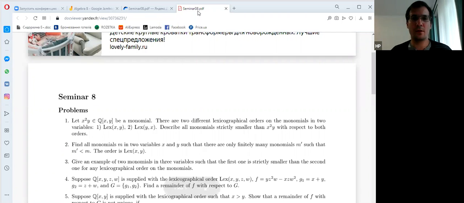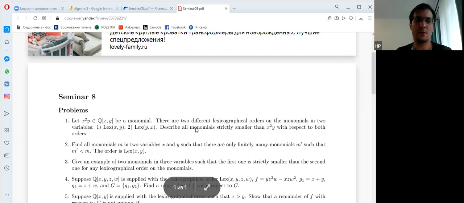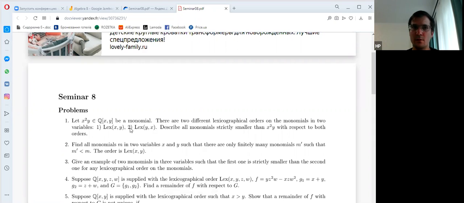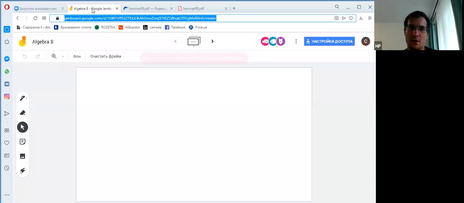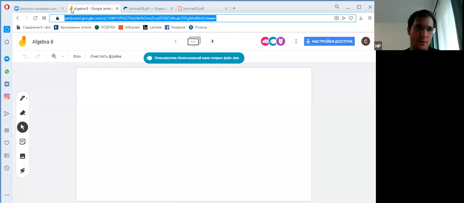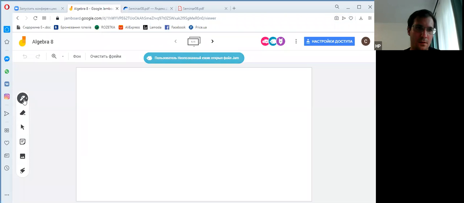We begin with ordering on the set of monomials. The most popular ordering is lexicographic ordering. Let me remind you what this is.